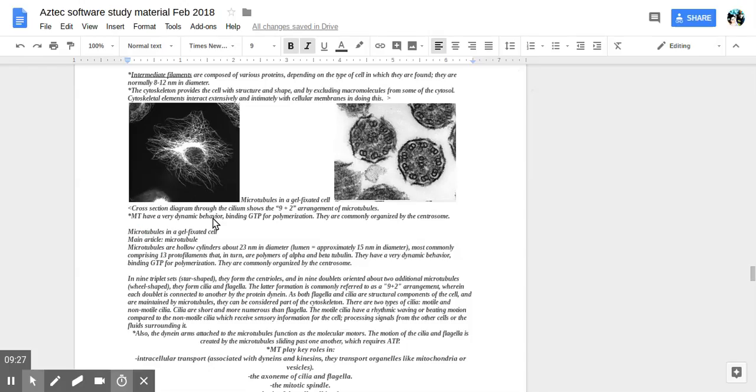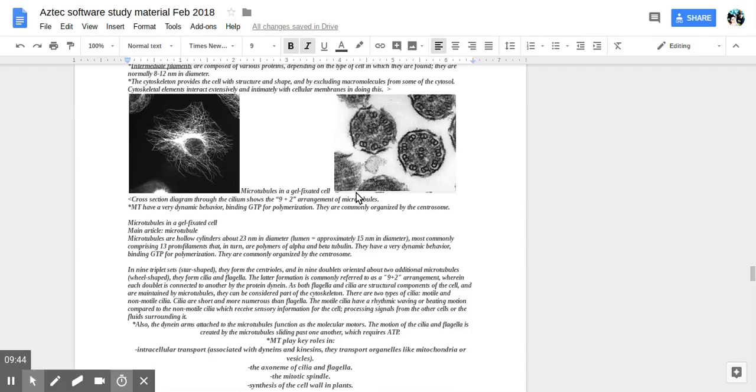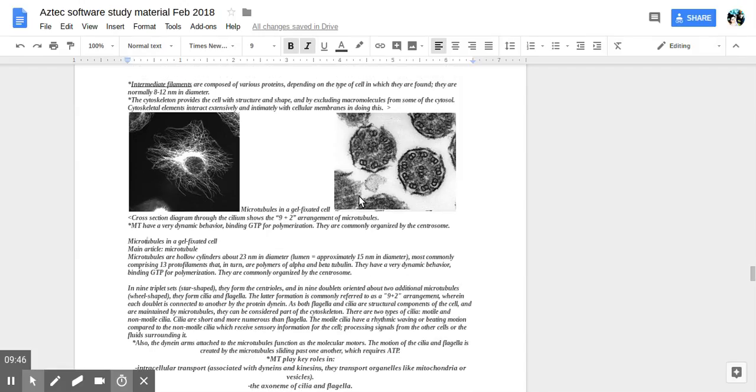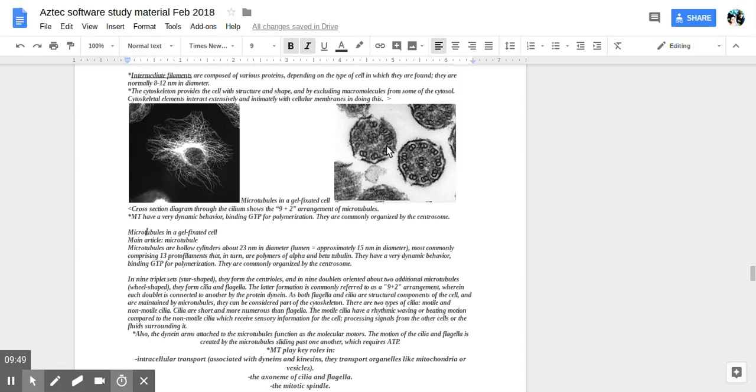Microtubules have a very dynamic behavior, binding GTP for polymerization, so they need energy to do this. They're commonly organized by the centrosome. This is a cross section showing how the cylinders look from the side. They're pretty wide in comparison to microfilaments.